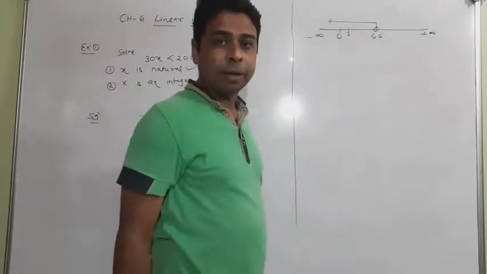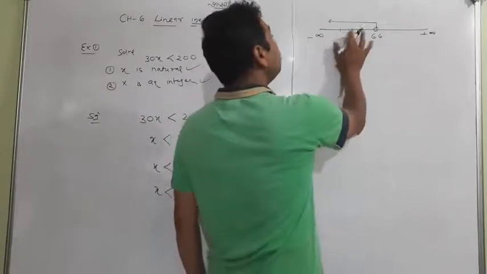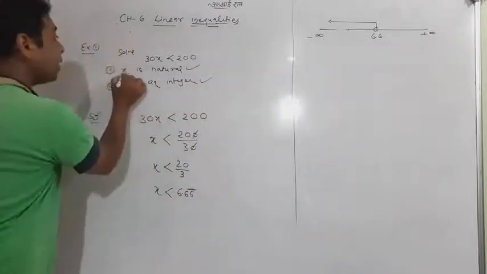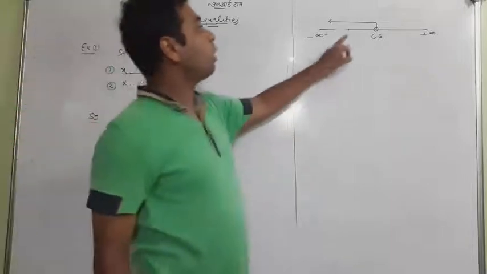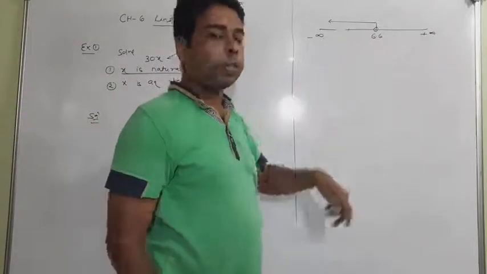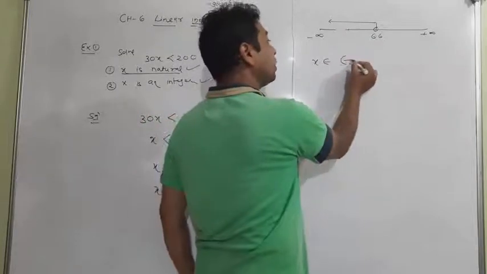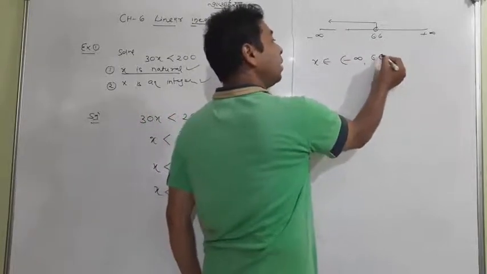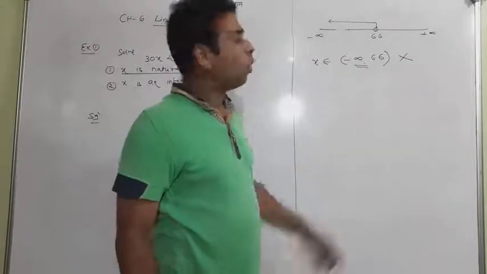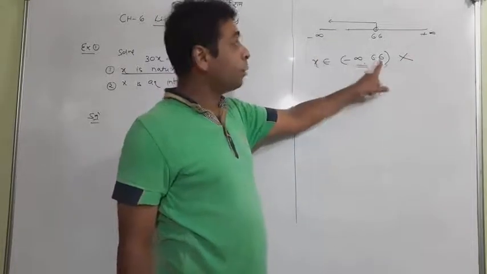So you cannot give all the answers from minus infinite to 6.6. You cannot say x belongs to minus infinite to 6.6, it is wrong because it contains lots of negative values and lots of decimal values also.